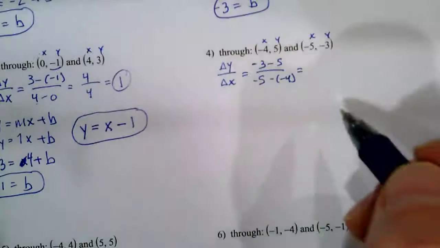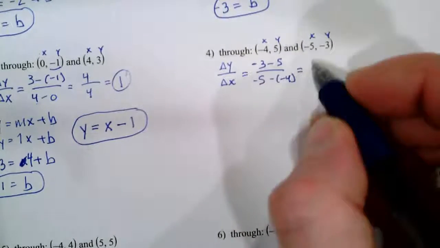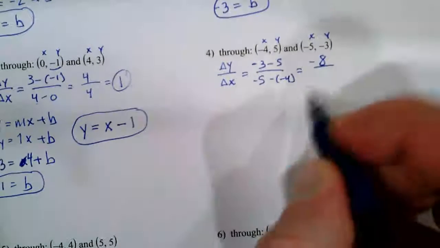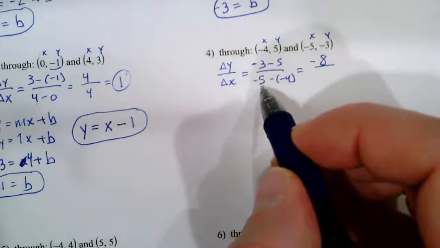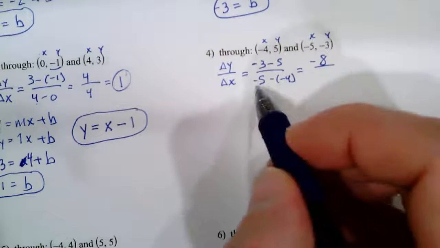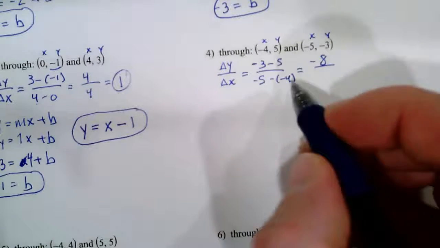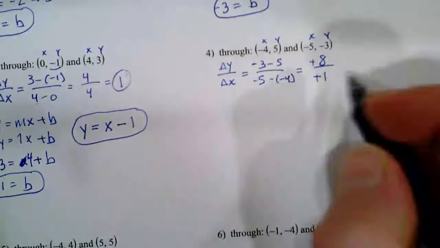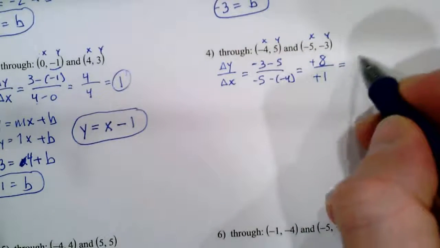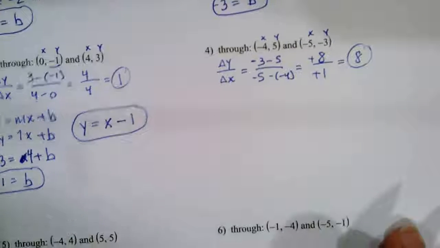Negative 3 minus 5, that's 3 below, drops another 5. It's negative 8. And see, negative 5 minus a negative 4 is the same as negative 5 plus positive 4, which would be a negative 1. And the two negatives cancel each other out. We end up with 8 over 1, which is simply 8.